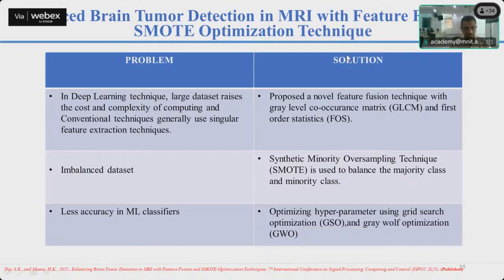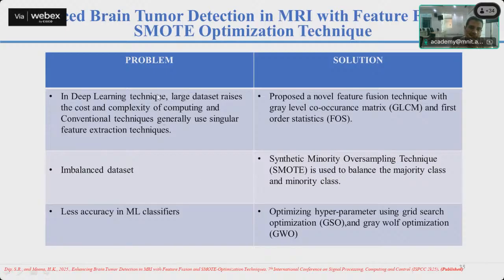As I told you, this work was primarily done by my research scholar Suman, and it was published in the 7th International Conference on Signal Processing, Computing and Control, titled enhancing brain tumor detection in MRI with feature fusion and smart optimization technique.